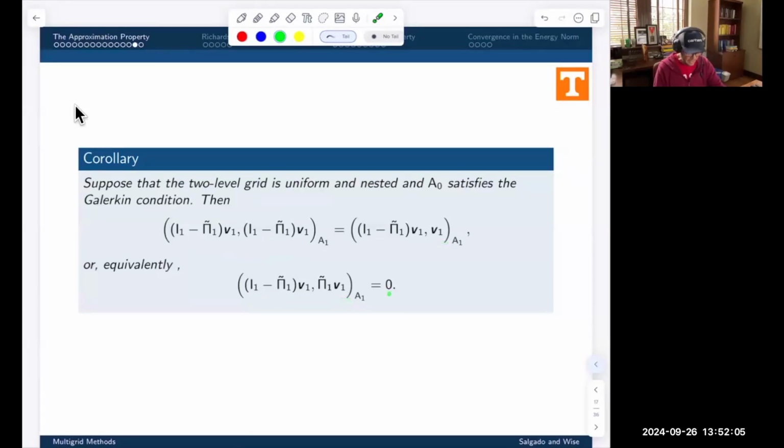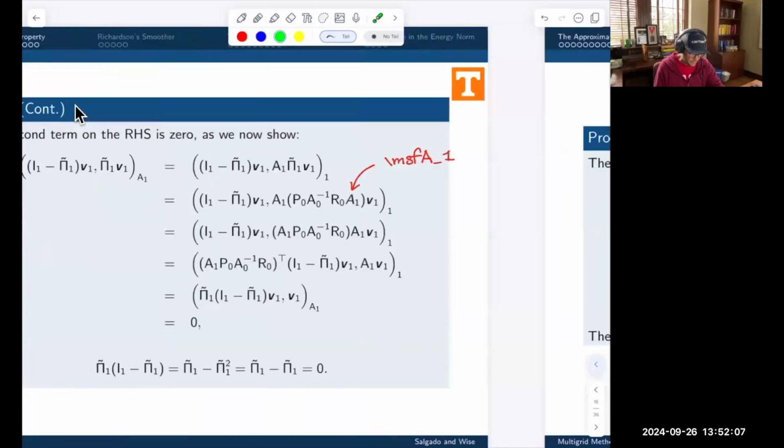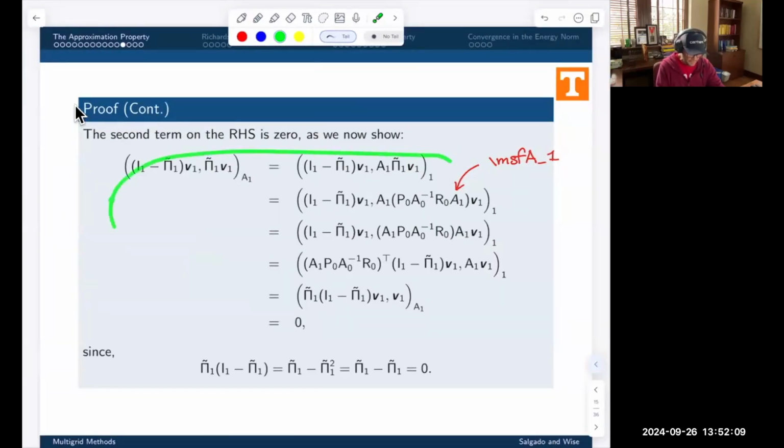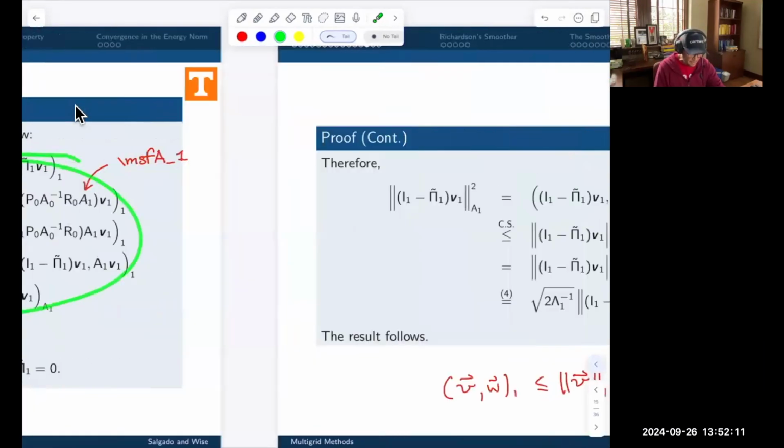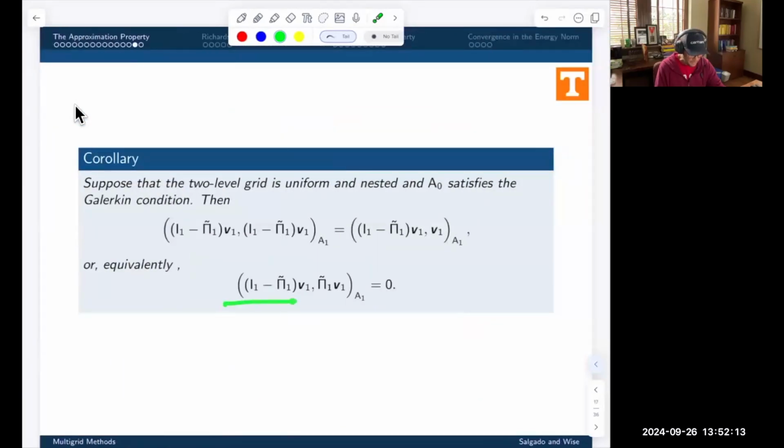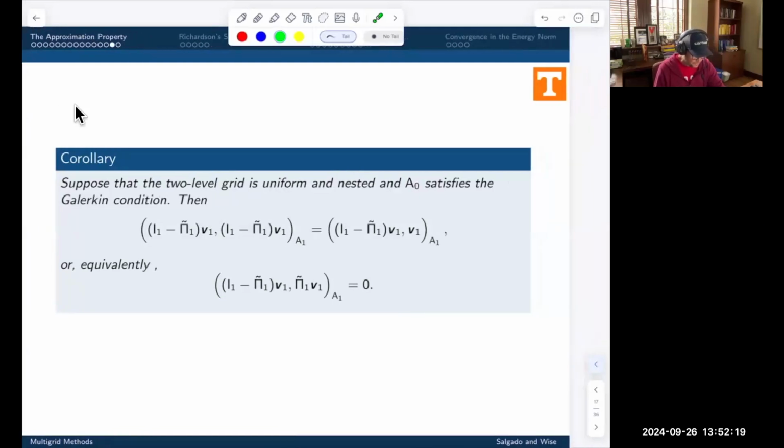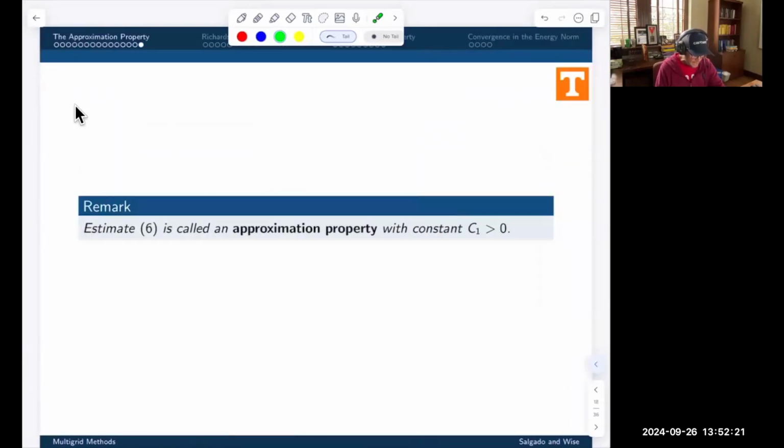We already proved that; it was essentially this slide here. I'm just tabulating it because this corollary is going to be useful for us later, and it rested upon the fact that A0 satisfies the Galerkin condition. Again, estimate 6, the one we proved in the previous theorem, is what we call an approximation property. Here, we can show that the constant C1 is equal to square root of 2.